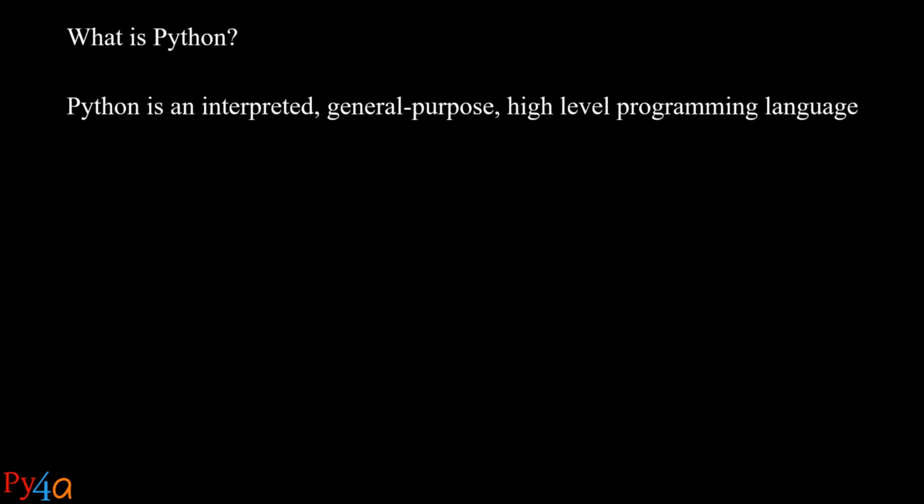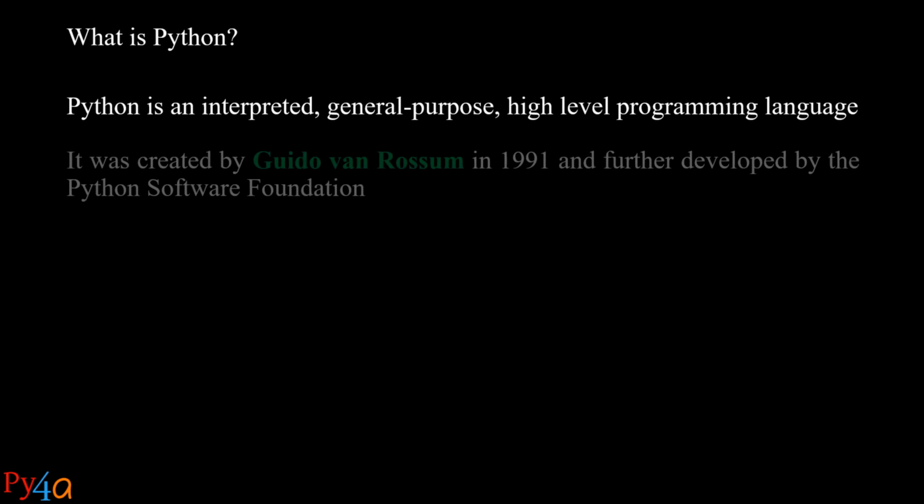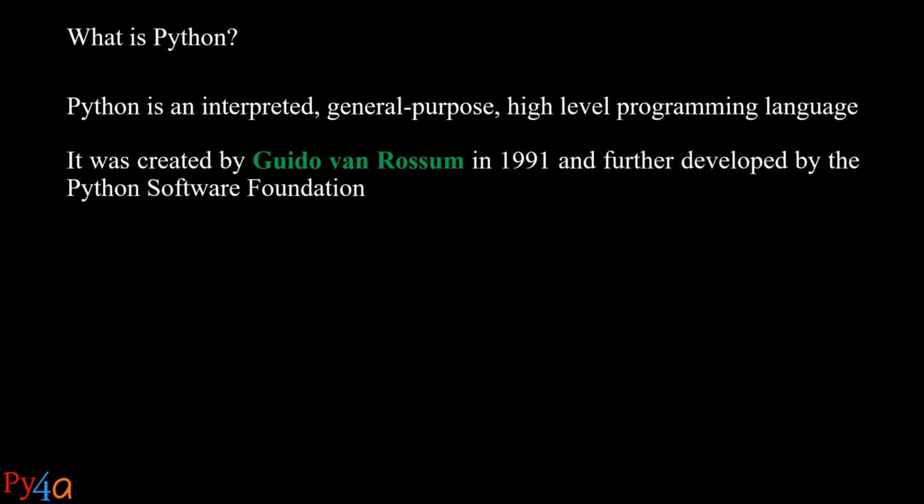Python is an interpreted, general-purpose, high-level programming language. It was created by Guido van Rossum in 1991 and further developed by the Python Software Foundation. It is easy to write and also easy to debug.